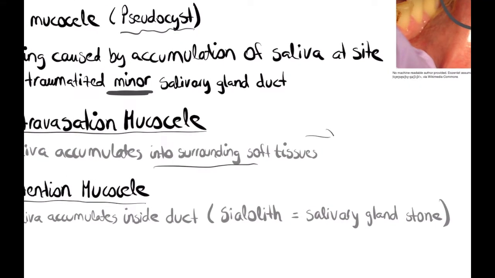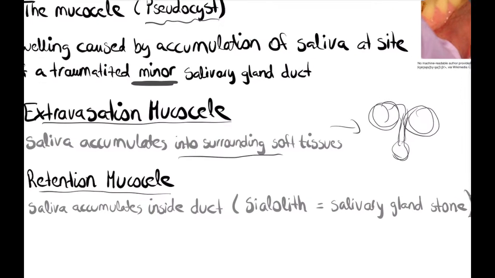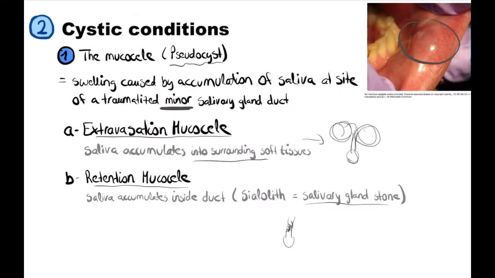Just to have an imagination about it, here is the duct that produces the saliva, and then the saliva accumulates outside in the soft tissues. Here, the saliva remains in the duct, so it produces salivary gland stones.